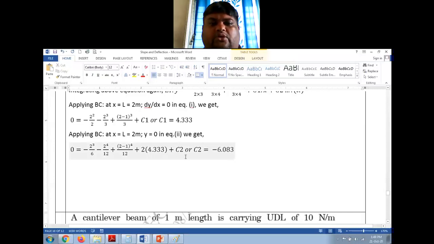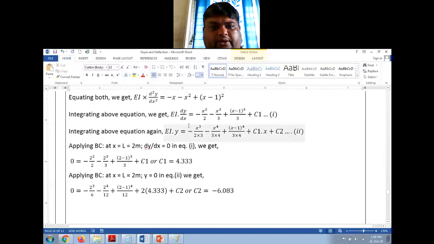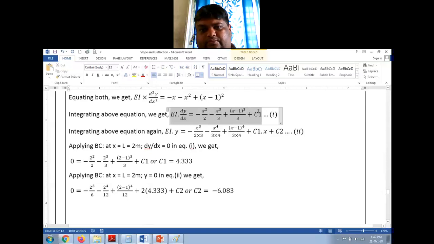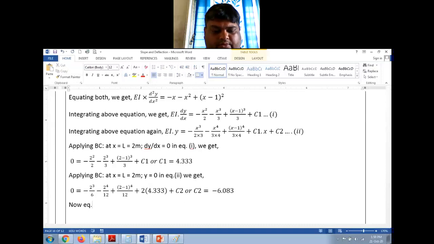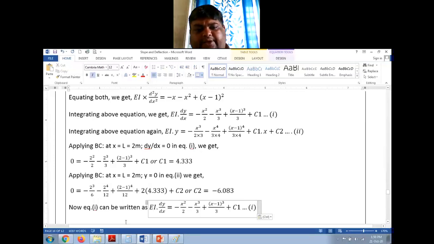Now I have both constants C1 and C2, so equation 1 and 2 can be rewritten. Now equation 1 written as EI dy by dx, all these things remain as it is.